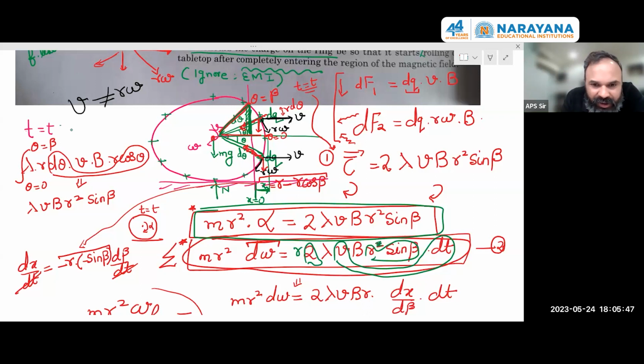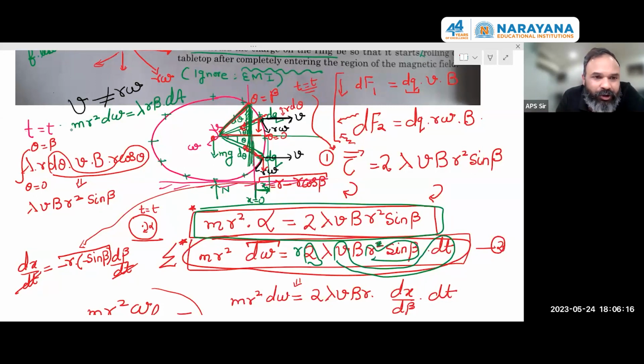So I'm saying I'm getting m r square d omega as, now let me separate lambda, r and b. Lambda r and b. And see what you are getting. 2 V dt R sine beta is actually the complete vertical chord area, strip area, dA, which will enter the field.